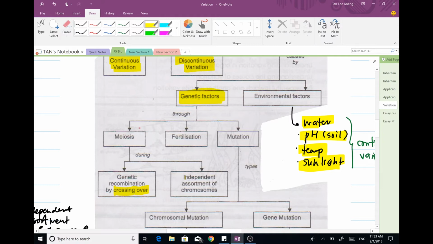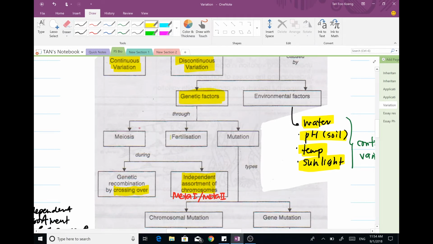And then during metaphase 1 or metaphase 2 also, chromosomes can align themselves randomly on the metaphase plate. So this randomness is known as independent assortment of chromosomes. This will further enhance the variety of chromosomes in the gametes that we can have.